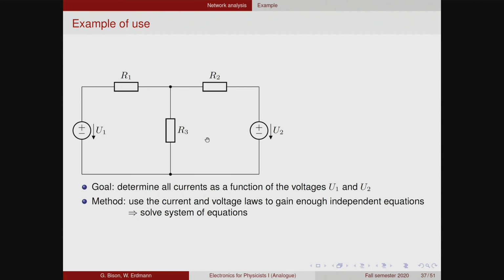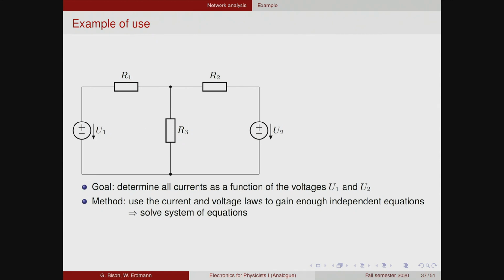So we have 2 voltage sources here, and then 3 resistors connected such that we build 2 meshes. This is one mesh, this is one mesh, and then we have 2 non-trivial nodes, one node here, one node here. And the goal of circuit analysis is to determine all currents, for example, as a function of the voltages that you apply at the voltage sources.